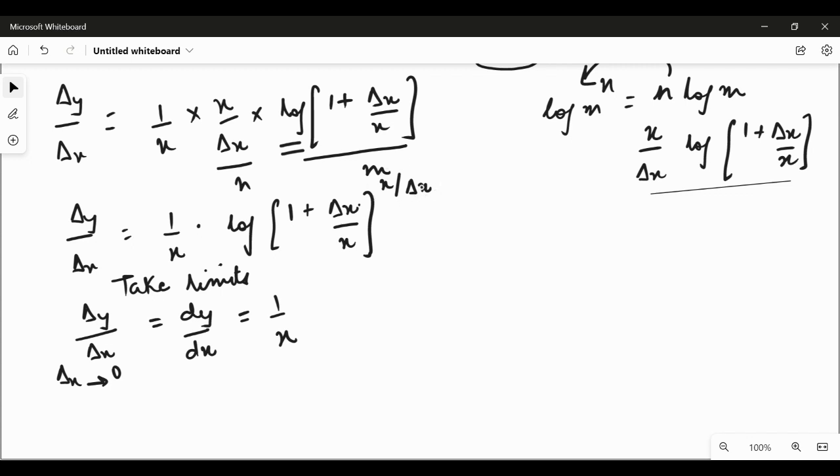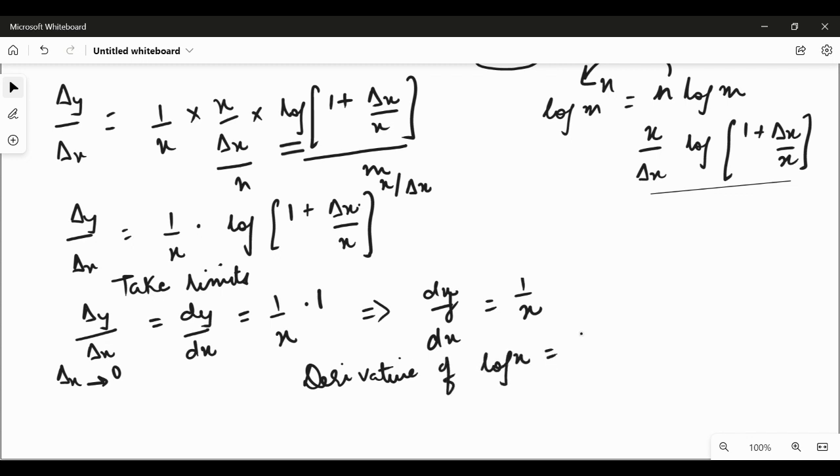And here we have 0. So it means in power again we have 0. And anything power 0 is equal to 1. So I will write 1 by x into 1. So we can say that dy by dx is equal to 1 by x, meaning derivative of log x is equal to 1 by x, and this is my solution.